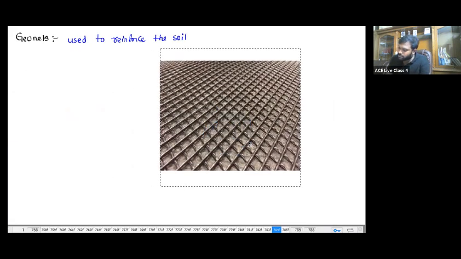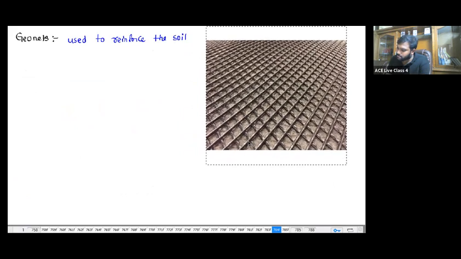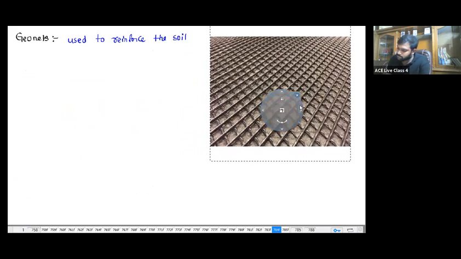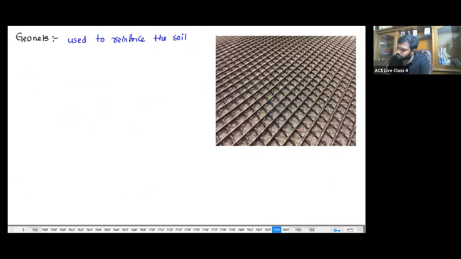These are going to be the geonets. So it's like a grid-like structure.